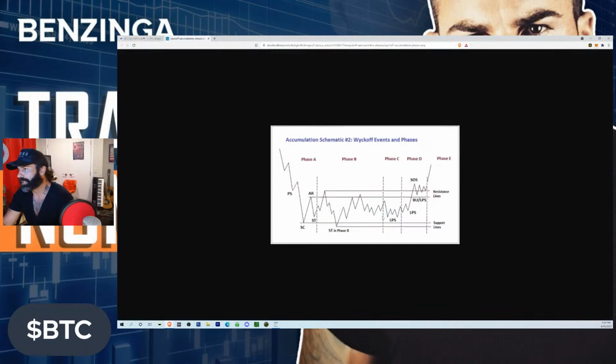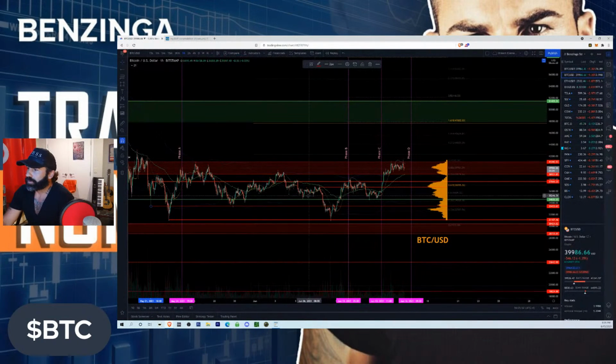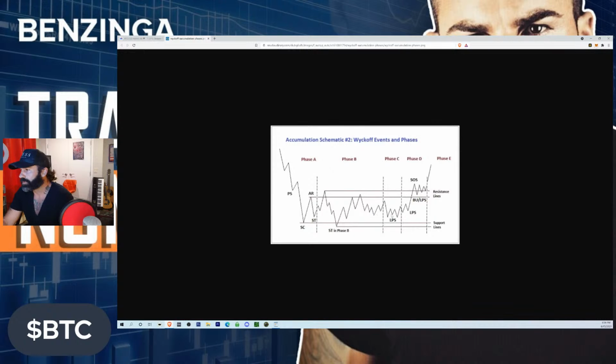Now, according to the schematic, you're going to get a move back up, which breaks the supply line coming down from phase B, but ultimately draws back down underneath that low you got here on phase B. Again, you broke the supply line coming up, but then you drew back down, and you come into C, which is resting on top of support that you had developed in phase B. In the case of this schematic, a little bit lower, and then phase D, which is, according to the schematic, where we would be right now, where you get a spring back up, which is going to break these peaks back here.